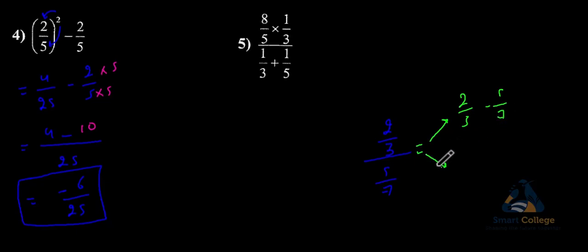Or the second way, multiply 2 and 7, as you saw in grade 8, and 3 and 5. 2 times 7 is equal to 14, over 3 times 5 is equal to 15.